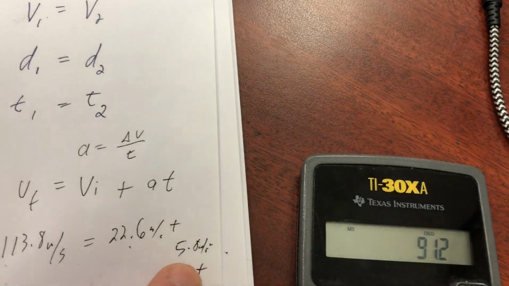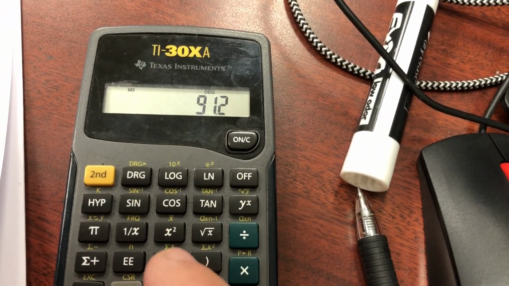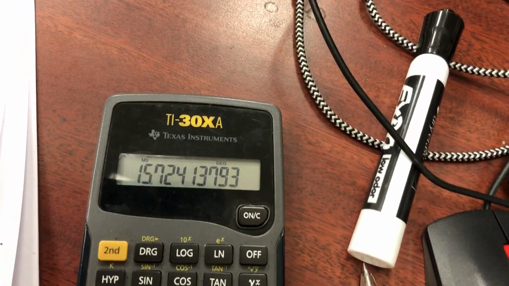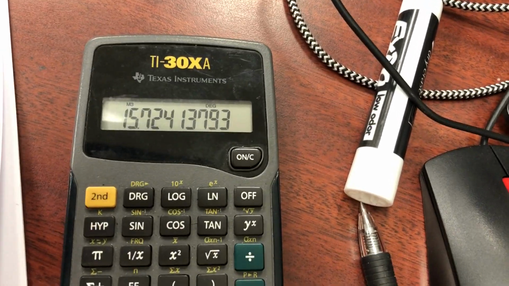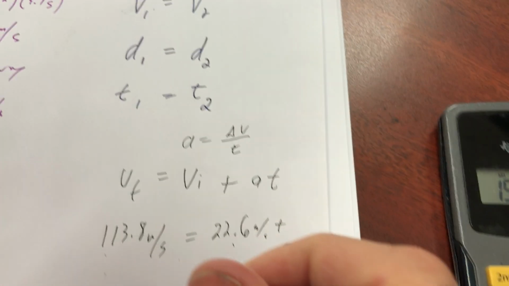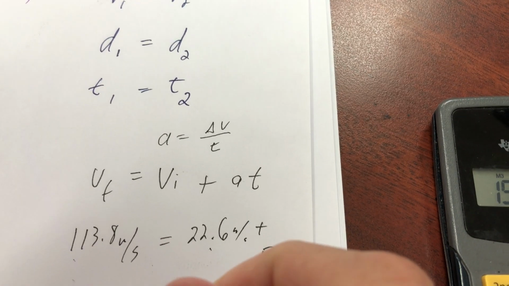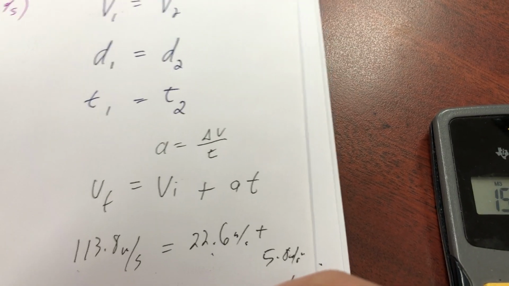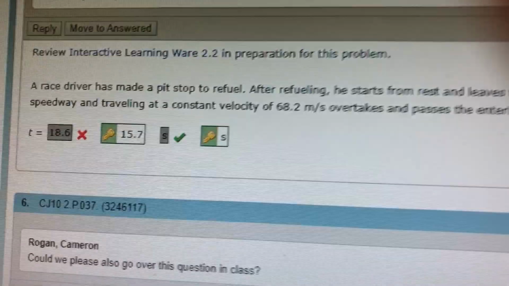And I'm going to divide that by 5.8, which equals 15.7. So I think the time is going to be 15.7 seconds.